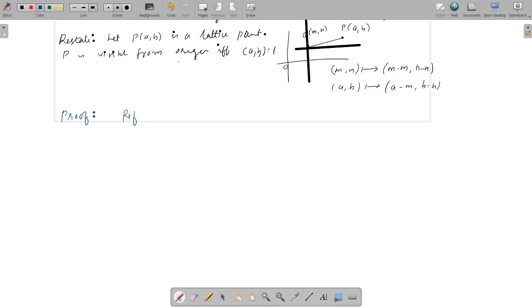I will put it as reference: equation of line passing through origin and point (a, b).